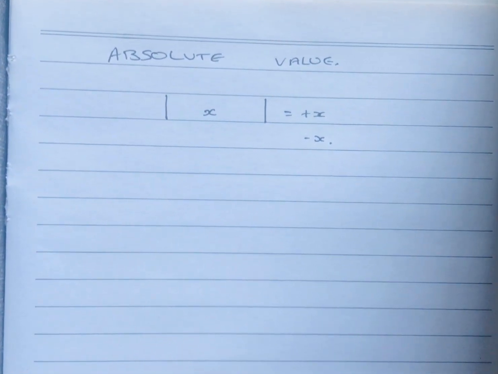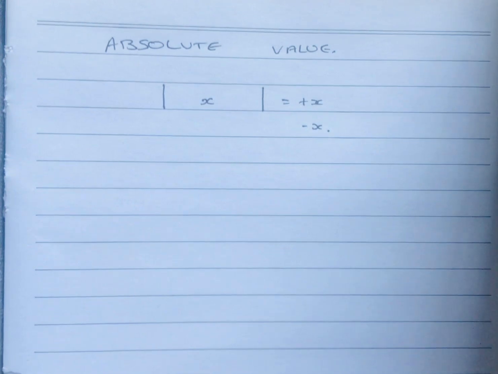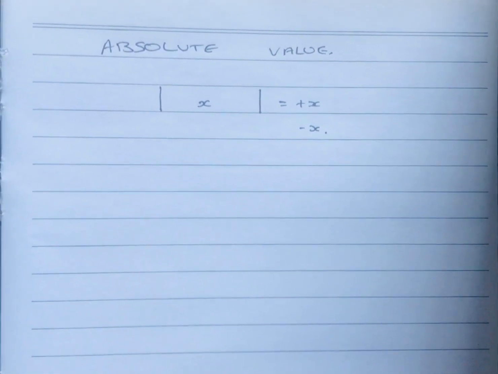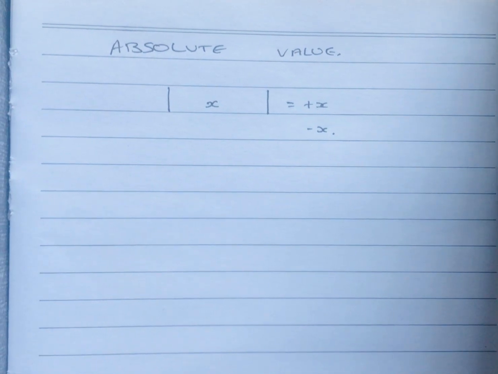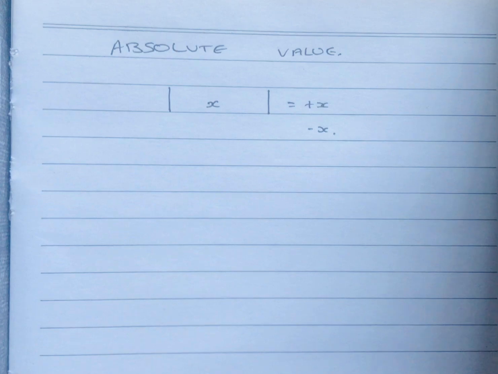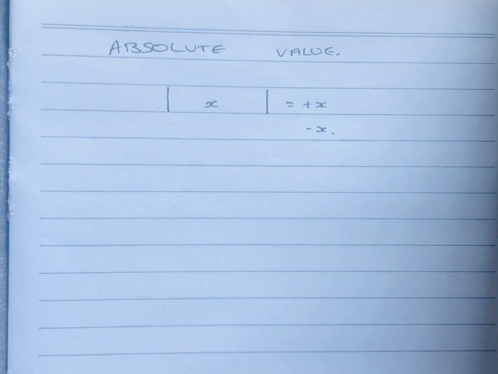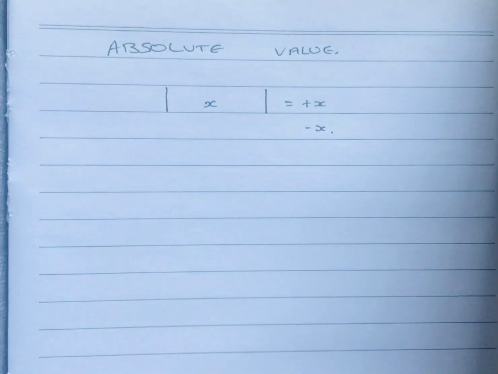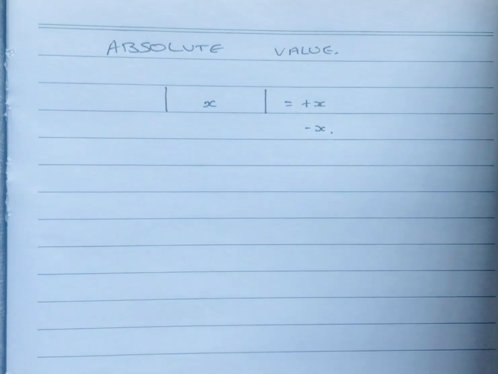So today we're going to be talking about absolute value. Absolute value, just as the name says, is whereby the solution requires a specific value, whether positive or negative. But since we do not know that, we put the sign, the two bars that indicate absolute value. So this is the symbol for absolute value.